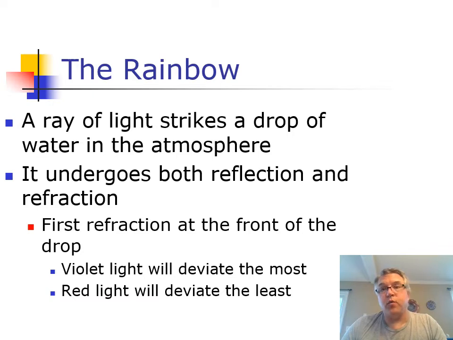Now, different wavelengths of light are going to refract at different angles. So the violet wavelengths are going to have the greatest angle of refraction, and the red wavelengths are going to have the smallest angle of refraction, and all the different colors in between those two will refract at different angles.